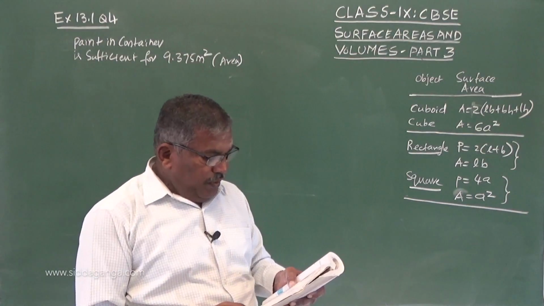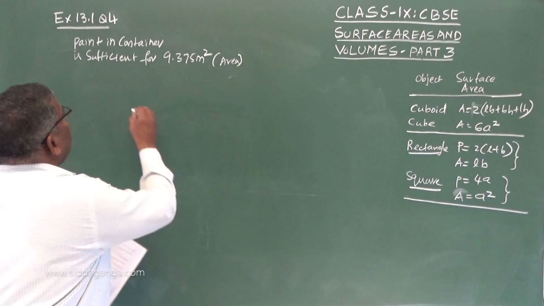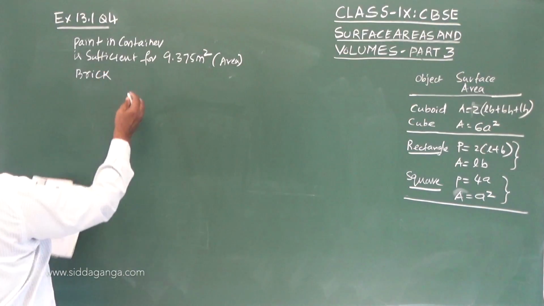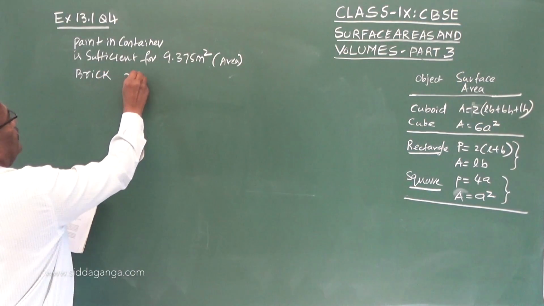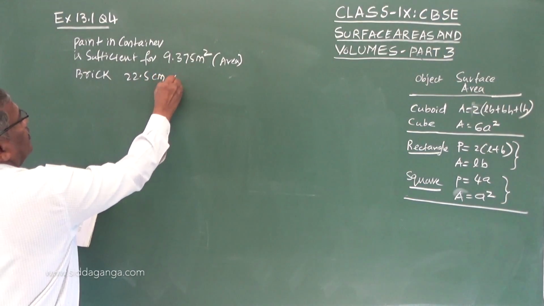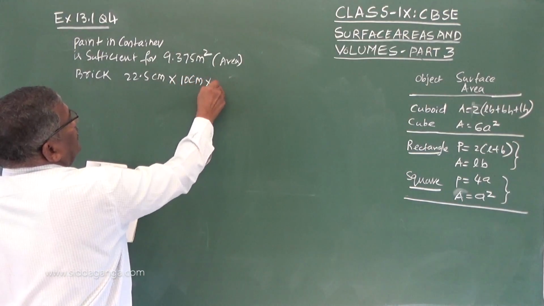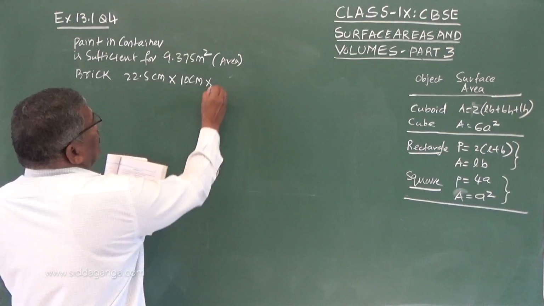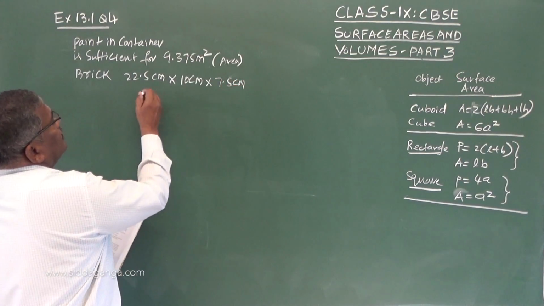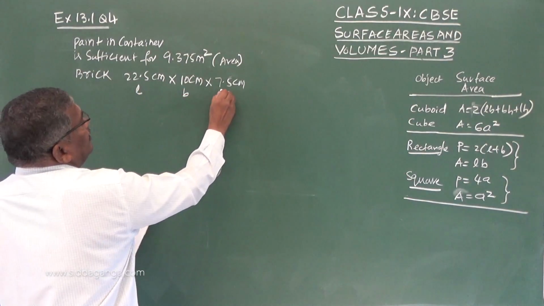How many bricks of dimensions 22.5 centimeter into 10 centimeter into 7.5 centimeter can be painted out of this container? You can take these as brick length, brick breadth, brick height.